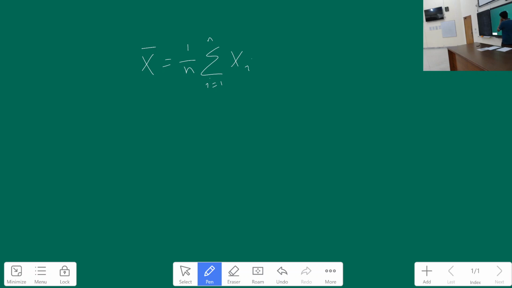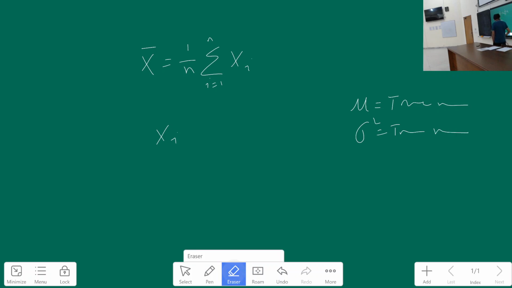Now let's say the true mean is mu and sigma square is the true variance and it is known.